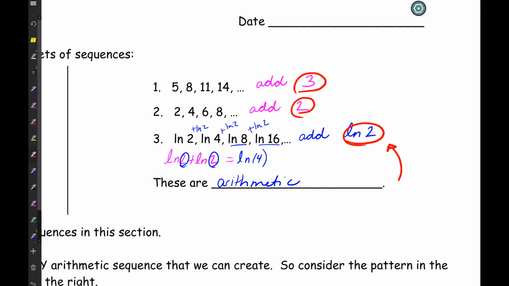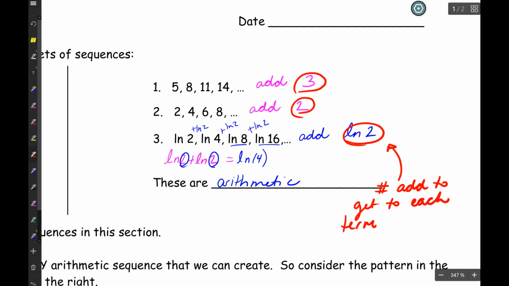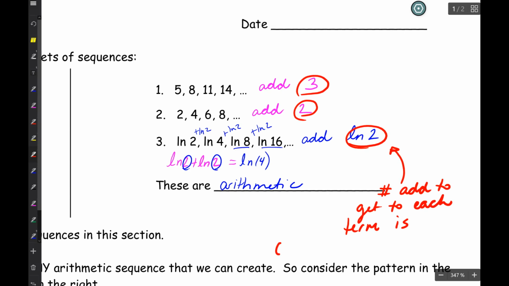We'll want to write that down because we're going to use it all throughout today's lesson. So the number that you add to get to each term is the common difference, is what it's called. Common difference. And we often just abbreviate that with just a little d.